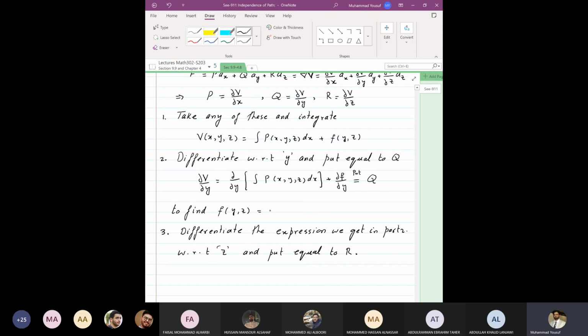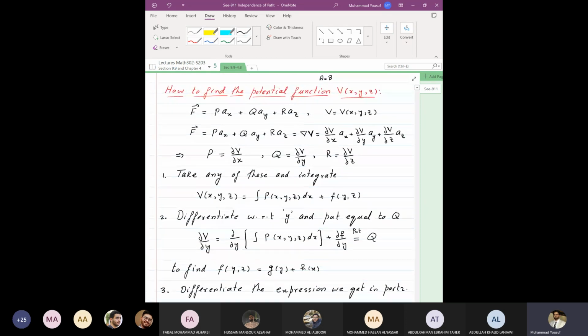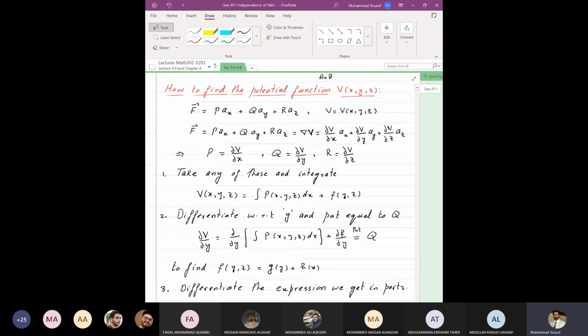So this will be equal to some g of y plus h of x, and to find h of x we put it equal to R. So this is the procedure, and I will make it very clear with an example.